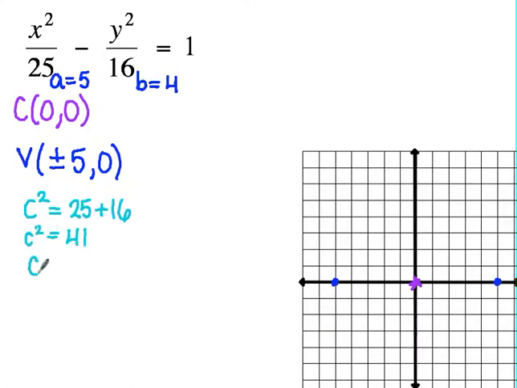So I know that c equals 6.40. So I'm going to go approximately 6.4 to the right, which you can't see the one on the right side because I ran out of room, and 6.4 to the left. So my foci will be at plus or minus 6.40 and 0.